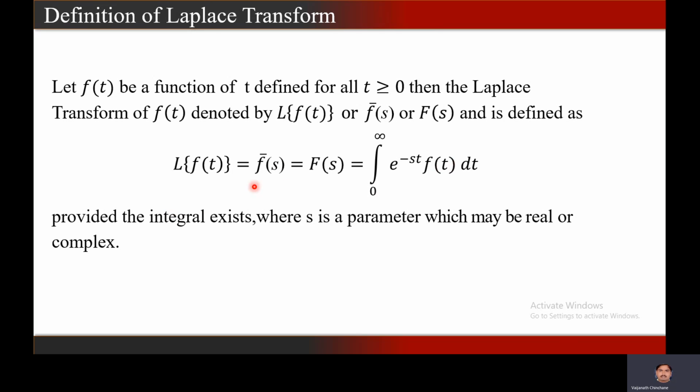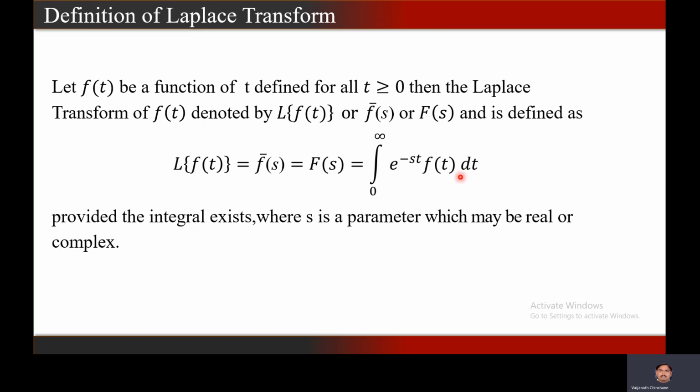We say L of f of t, the Laplace transform of f of t, exists if and only if the integration from 0 to infinity of e raised to minus st f of t dt exists, and where this s is the parameter which may be real or complex. So this is the basic definition of Laplace transform, also the fundamental definition of Laplace transform.